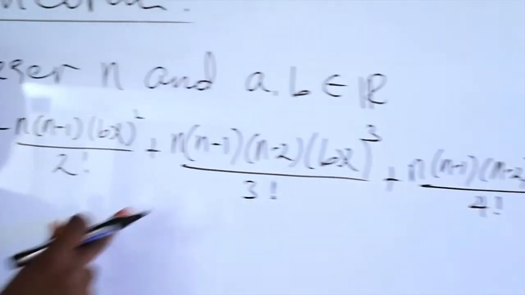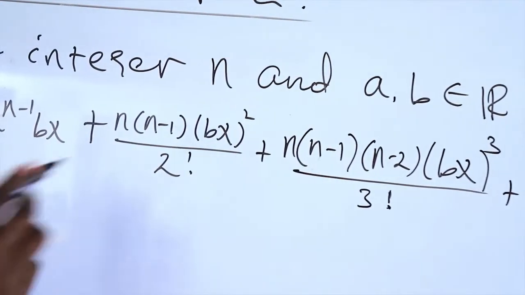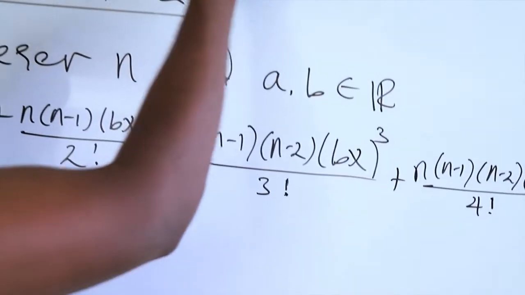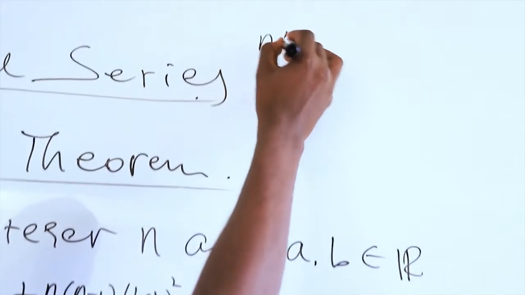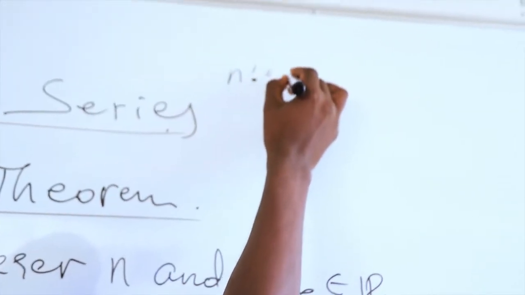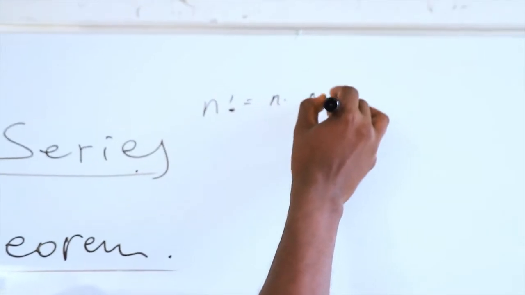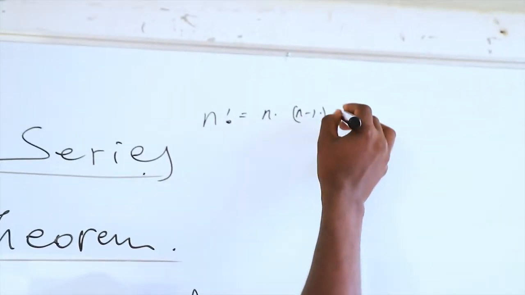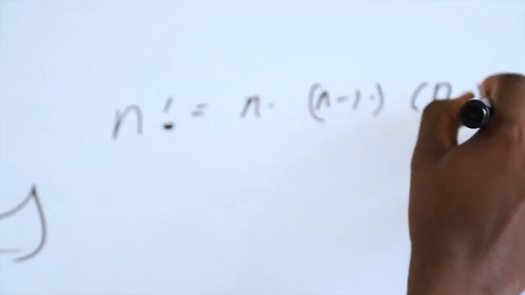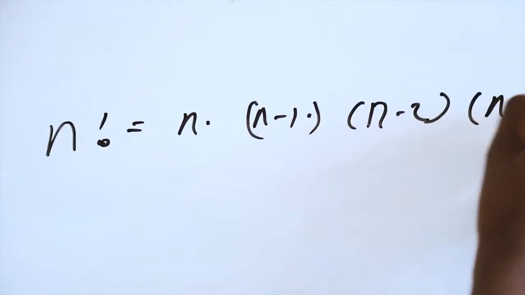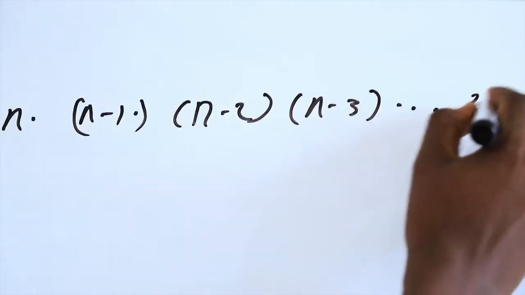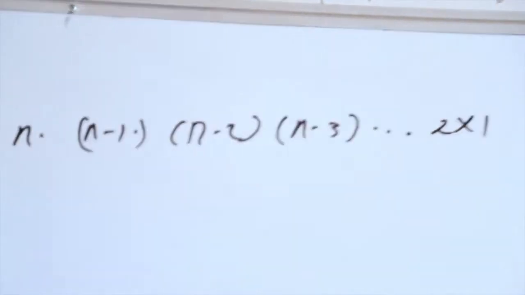Now, factorial: n factorial means n times n minus 1 times n minus 2 times n minus 3 times up to 2 times 1. This is n factorial; you know this from lower grades.